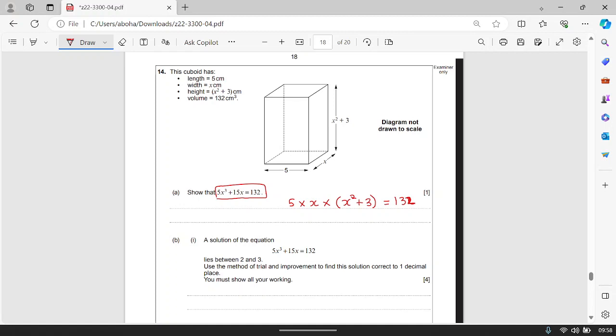So 5 times x is 5x times x squared is 5x cubed. 5x times 3 is 15x. And then we know that the volume comes to 132. So there we go. That's exactly what they wanted, okay?